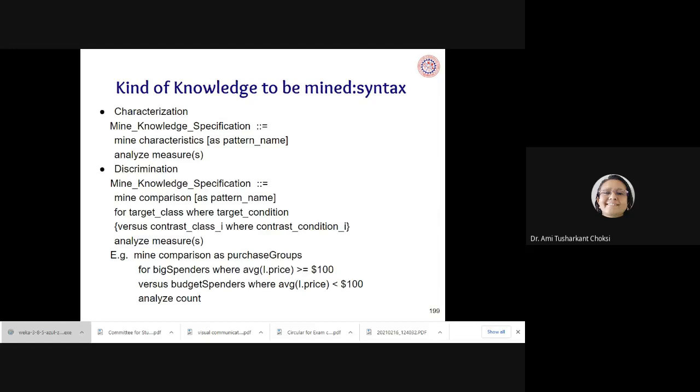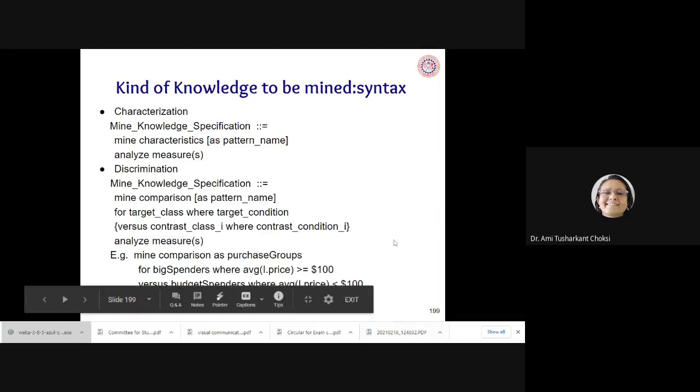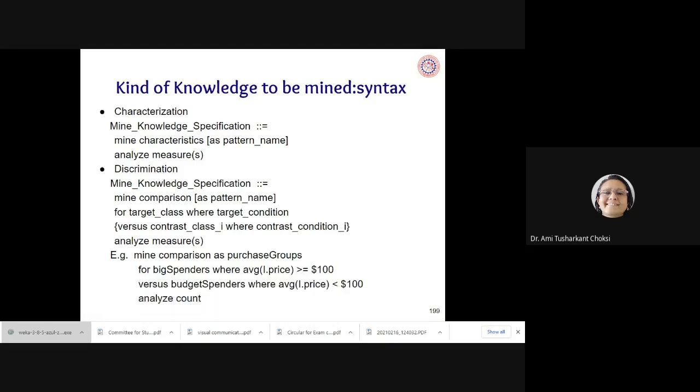The condition for them is that average i.price, the price of whatever items we are purchasing, is less than $100. So those people are called budget spenders. And what we want to do is analyze the count, whether the big spenders are more, or the budget spenders are more, or whatever the comparison is. Less, more, or equal.